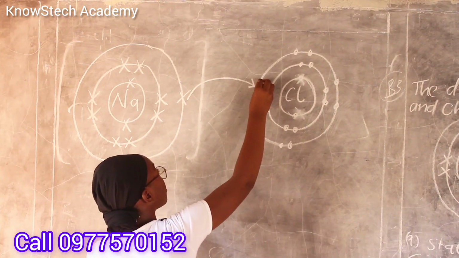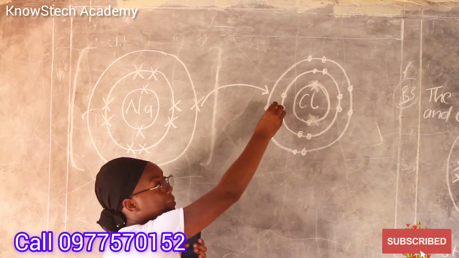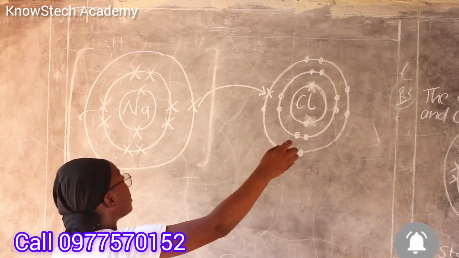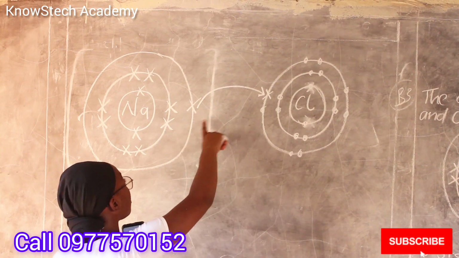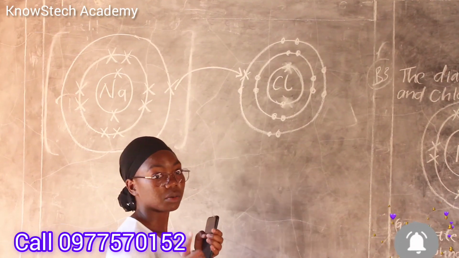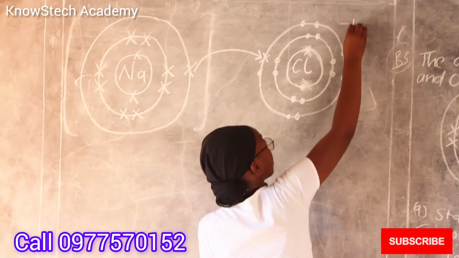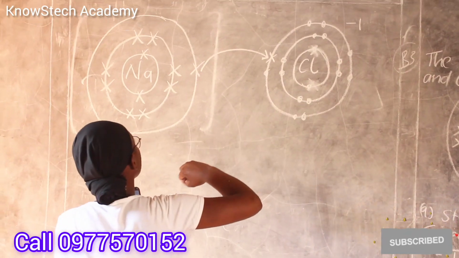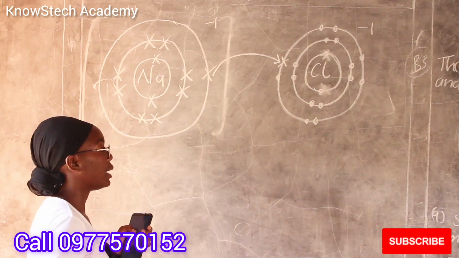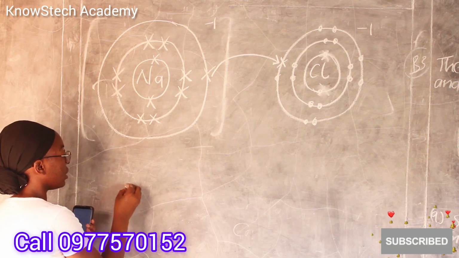So meaning chlorine has gained one electron and sodium has given out one electron. So to write it properly, we're going to do this.